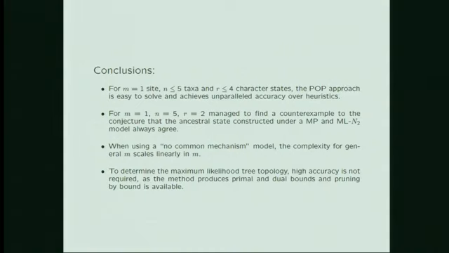And on the basis of their heuristics, they had a conjecture that said that the maximum parsimony method and the ML method will always yield the same ancestral state on the NR2 model, and with polynomial optimization, you can easily show that that's not the case.